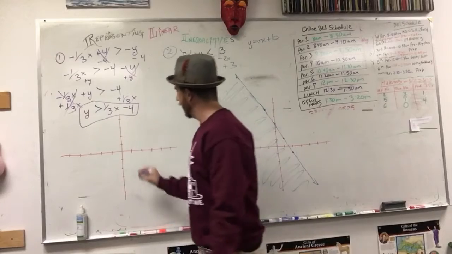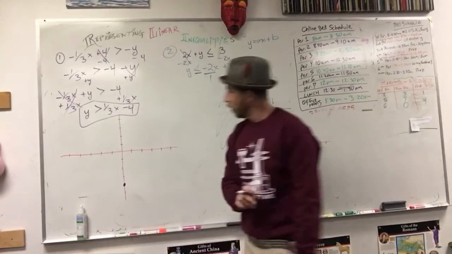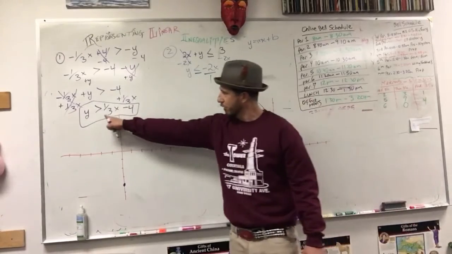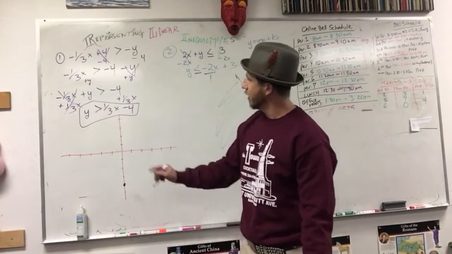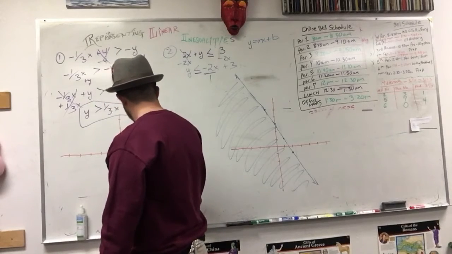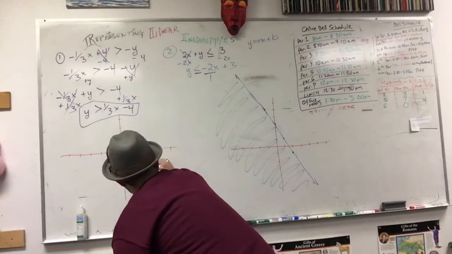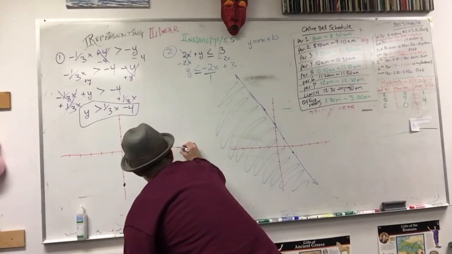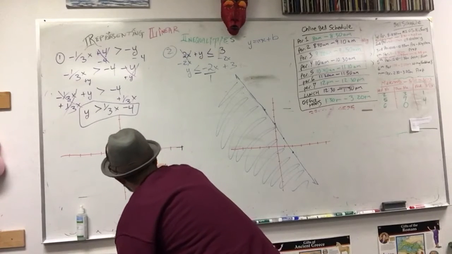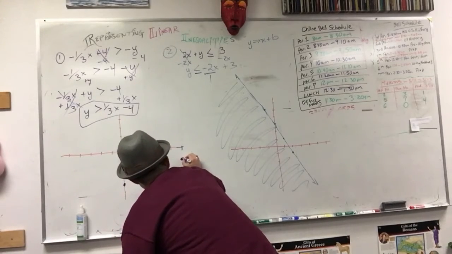So again, our y-intercept is all the way down here at negative 4. Our slope tells us we need to go positive 1/3, which would be up 1 over 3, up 1 over 3, and again, let's just kind of add on to our number line, up 1 over 1, 2, 3.